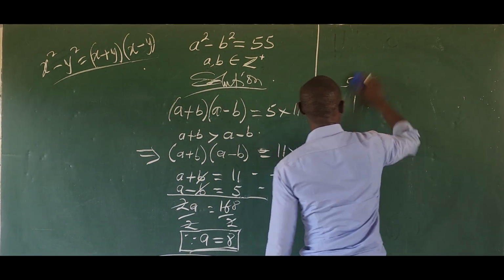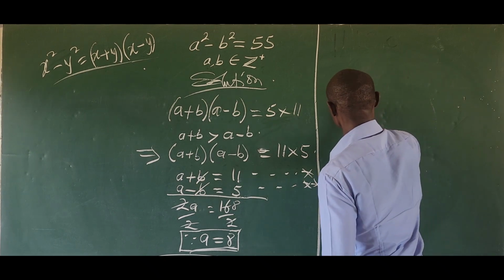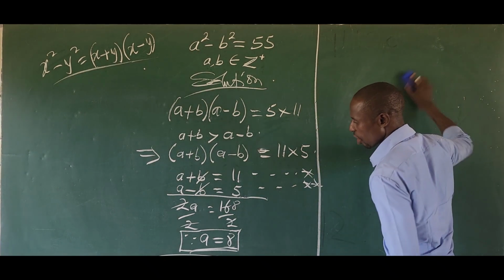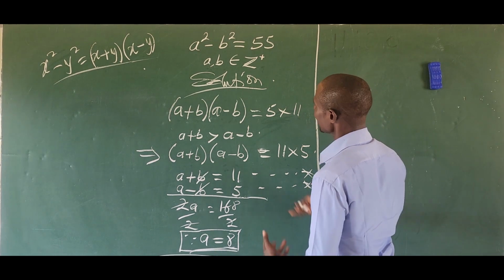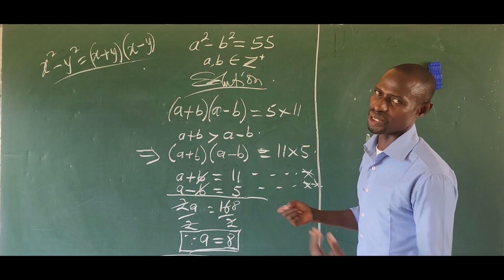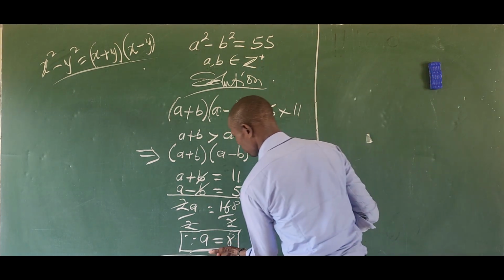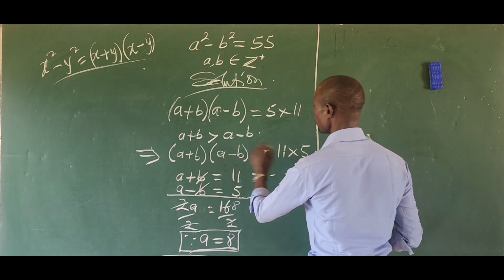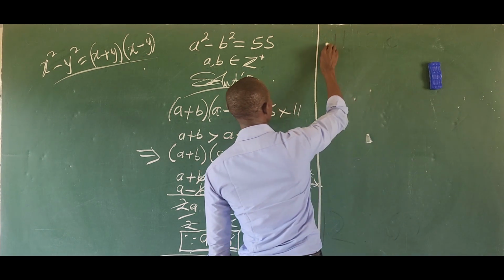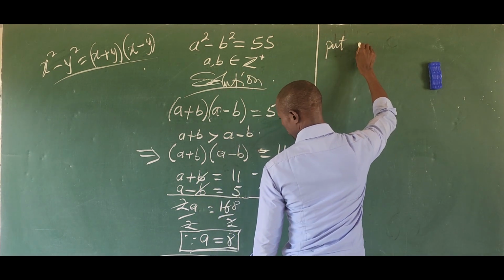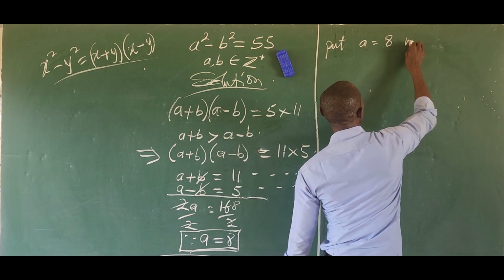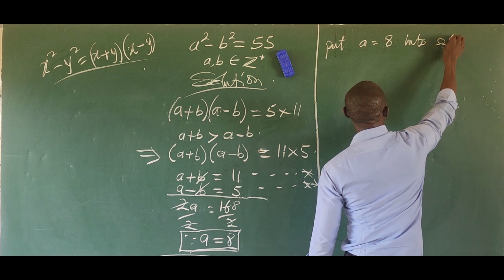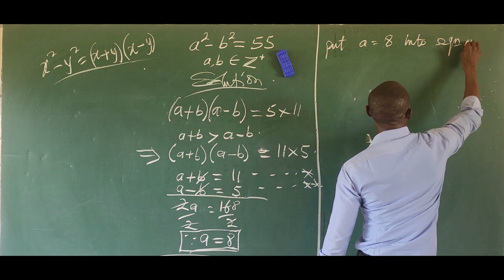In solving for b, we have to substitute the value of a into either of these equations, or we can put it into the main equation. That will still give us the correct answer. But let's simply put the value of a into equation 1. So put a equal to 8 into equation 1.